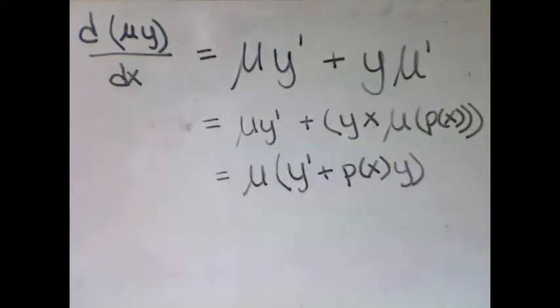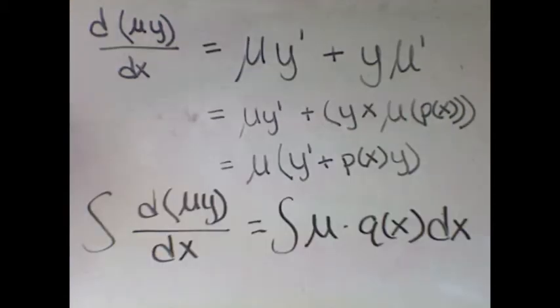Next, we factor out a mu, and we get mu times y prime plus p of x times y. Based on the model equation shown earlier, we know that y prime plus p of x times y equals q of x. So we substitute q of x for y prime plus p of x times y.